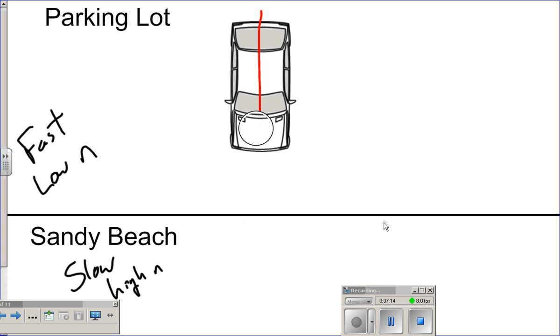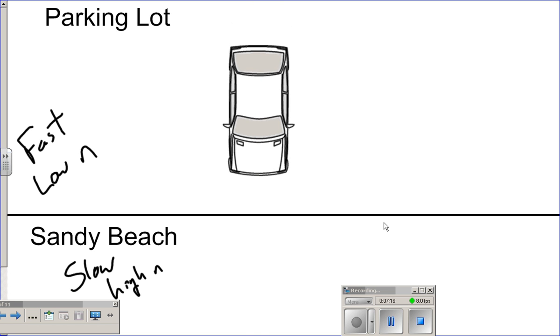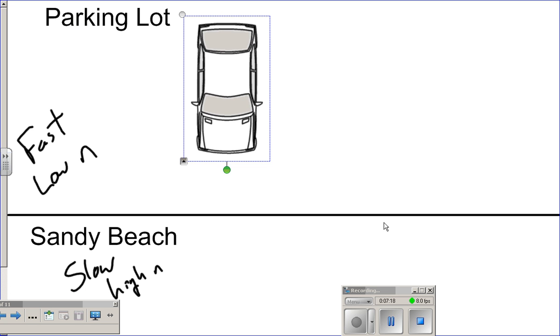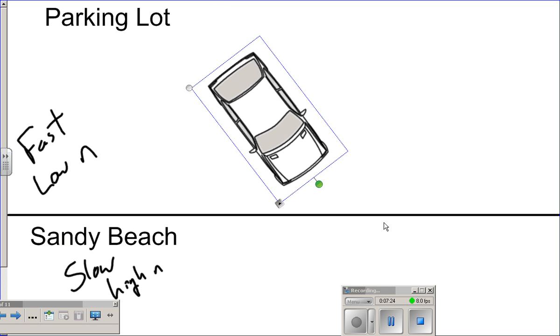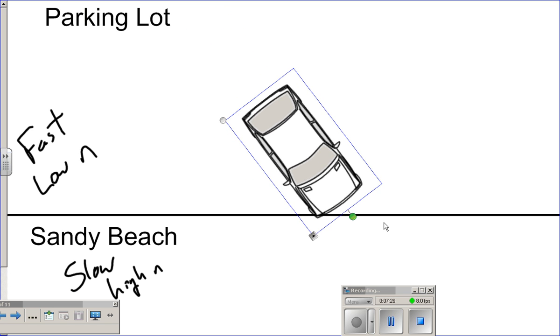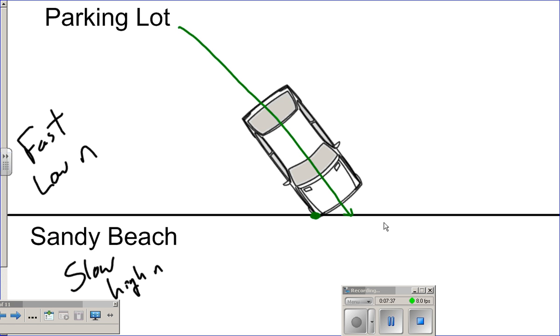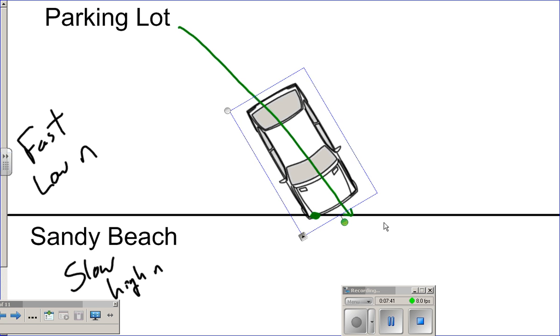All right, but what happens if the car goes in at an angle? What happens if the car goes like this? Then it's going to go, you got to make the sound effect, and bam, right there what happens is this first wheel hits the sand, and it causes that wheel to slow down, but the other one still goes faster. So what ends up happening is the car comes in like this, but as soon as it hits the sand, it causes it to rotate a little bit.